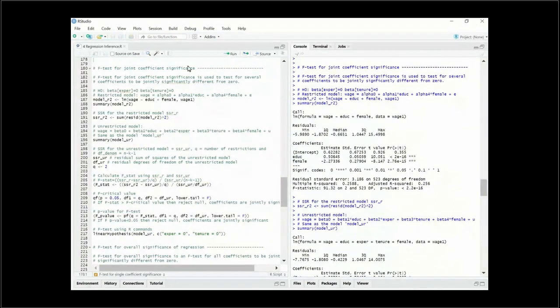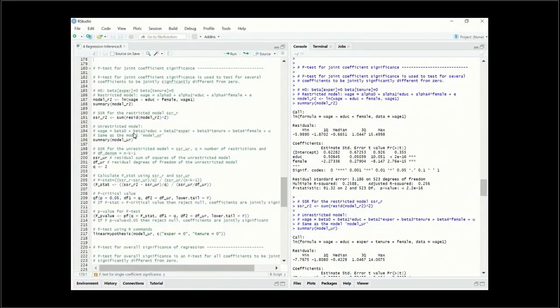So we will now test for several coefficients to be jointly significantly different from 0. And this is actually typically what the F test is used for. So in this case, let's test whether the beta coefficient on experience and on tenure are significantly different from 0.